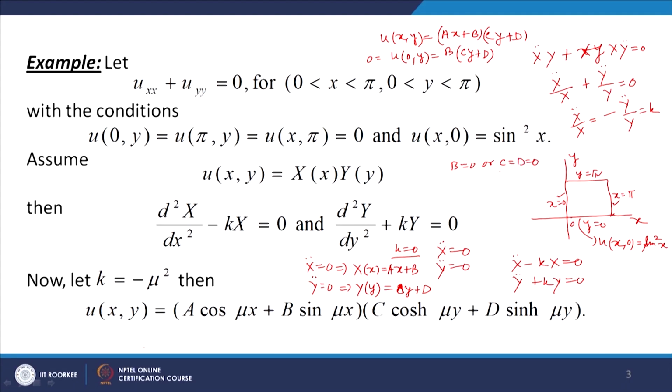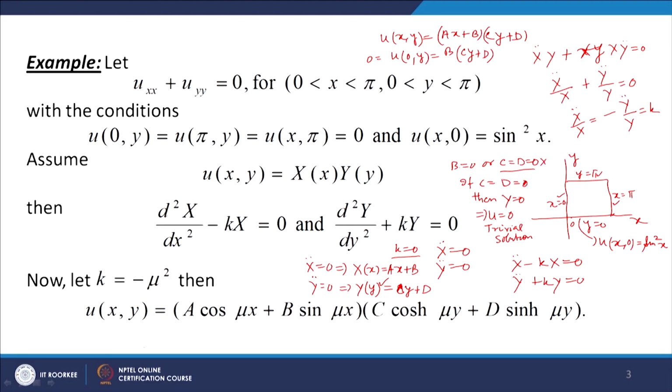Now if c is equal to d equal to 0, then Y is equal to 0, which means u is equal to 0. So it is a trivial solution, and therefore we shall not consider c equal to d equal to 0.